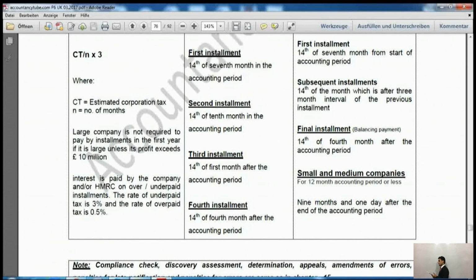Always use this approach if your accounting period is less than 12 months in corporation tax: first calculate the first payment, then the last payment, which is the balancing payment, and finally calculate the in-between ones, which are two payments at intervals of 3 months after the first payment.